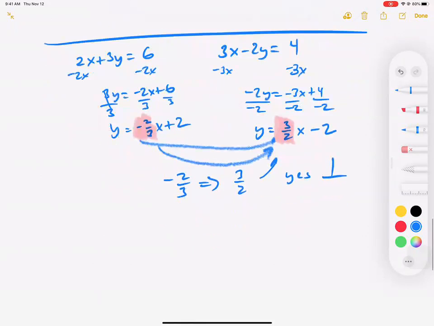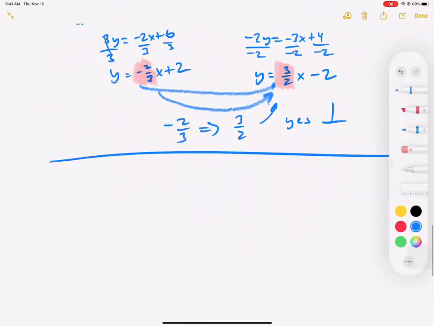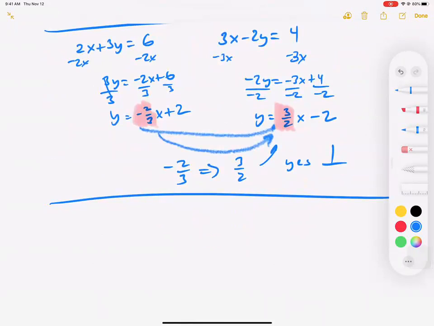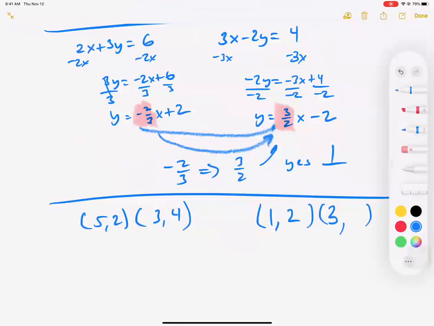Okay, let's do one more when it comes to lines. Let's do 2 points. The point is 5, 2, and 3, comma 4. And our next point is 1, comma 2. And we're going to move this to 3.